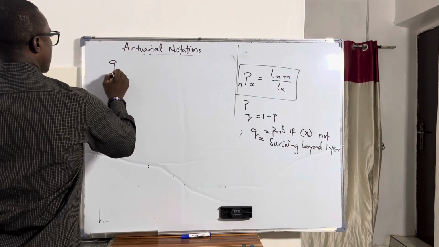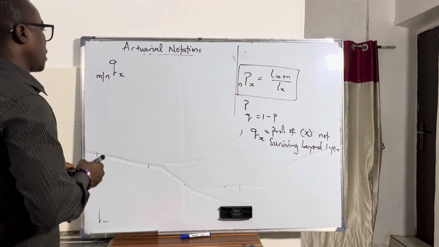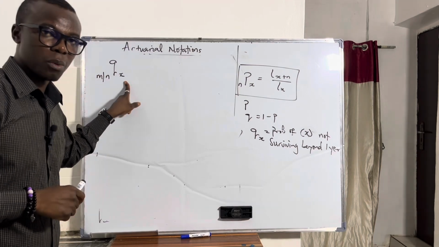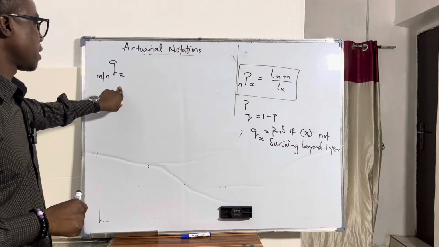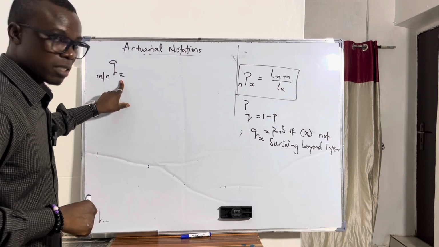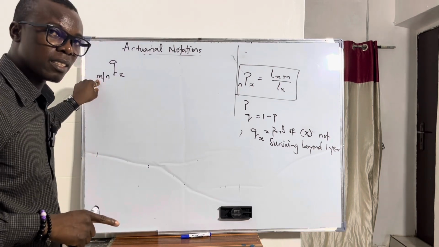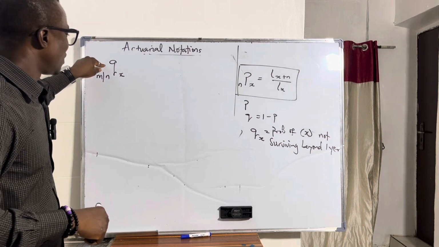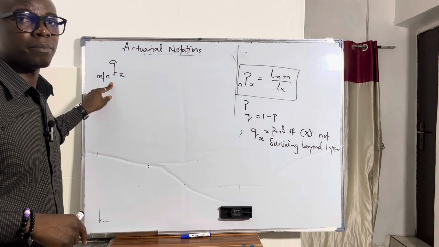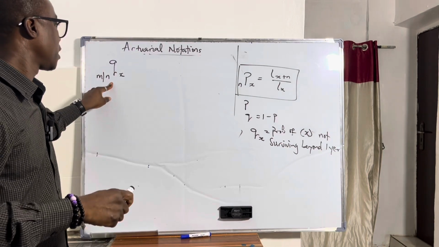So what does this simply mean? Q, X, M, and then this. Now remember, all these are subscripts. What this simply means is the probability of a life age X surviving in the next M years, but then dying or not surviving beyond N years.